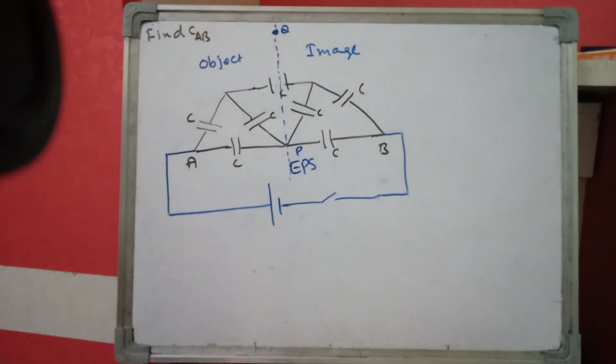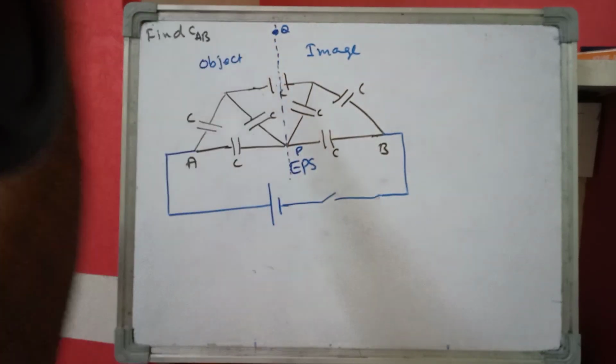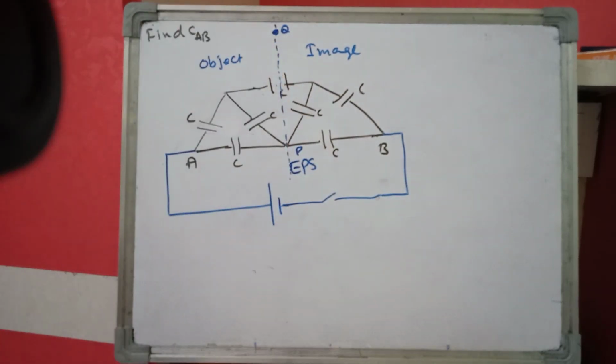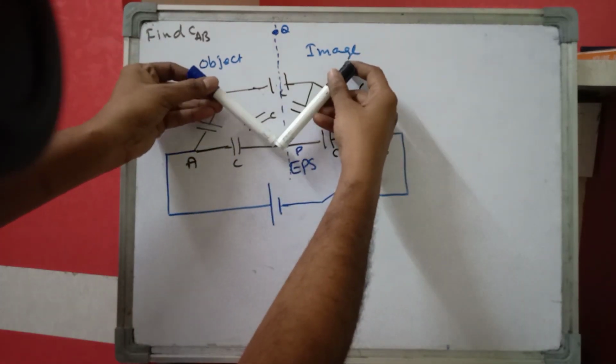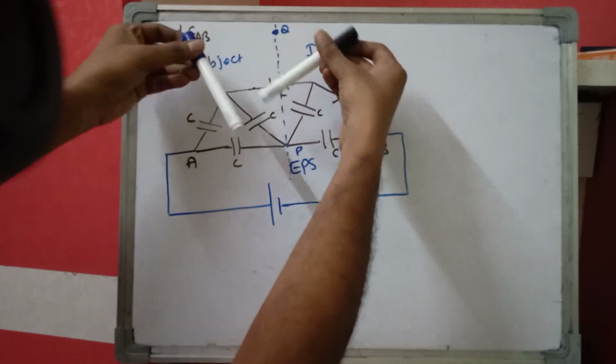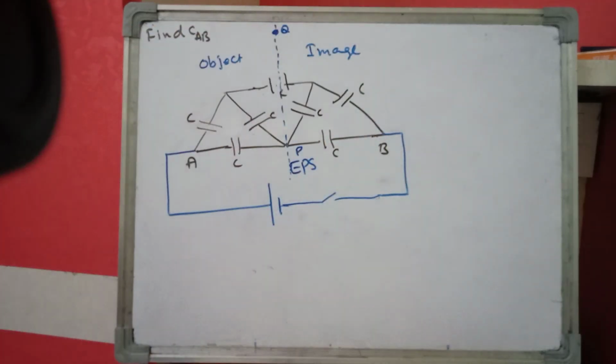There will be no change. Why? Because the potential on this line at any point is the same. You can connect the two capacitors either at point P or at point Q. There will be no change in the circuit.